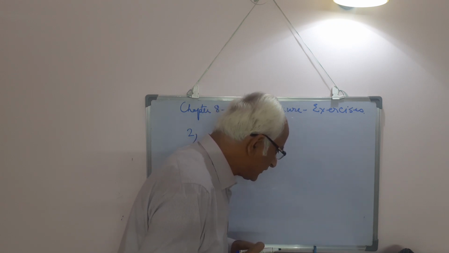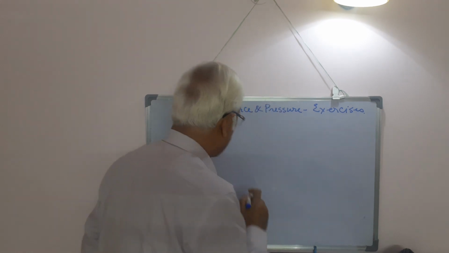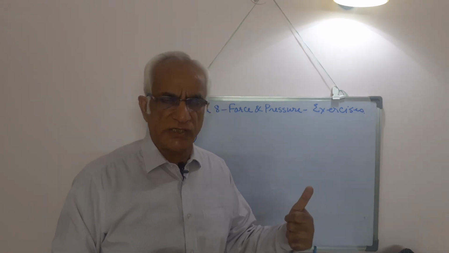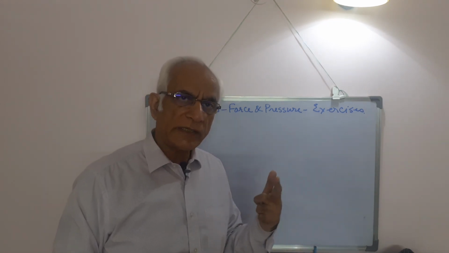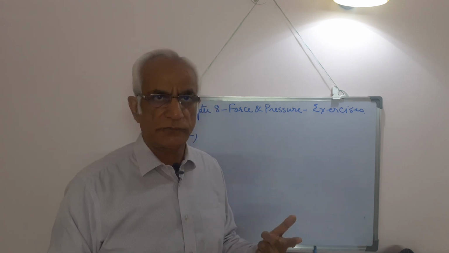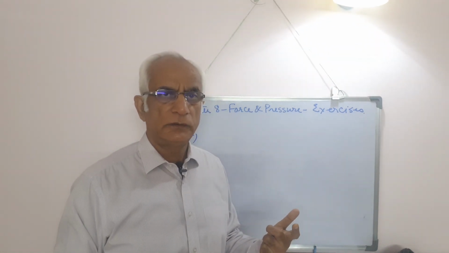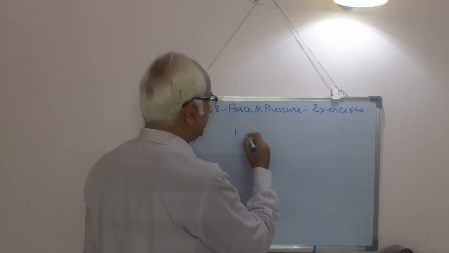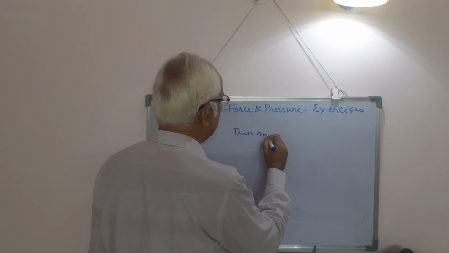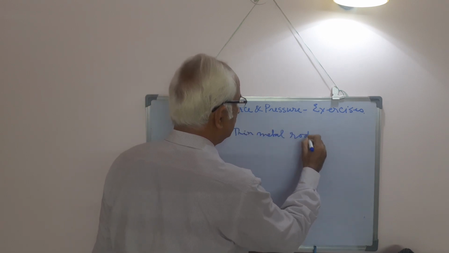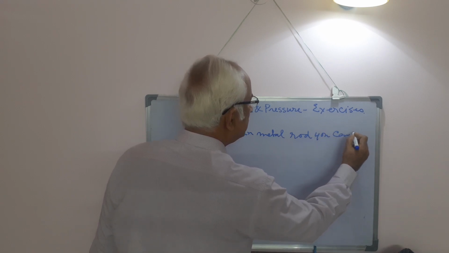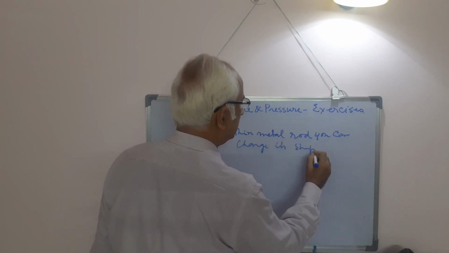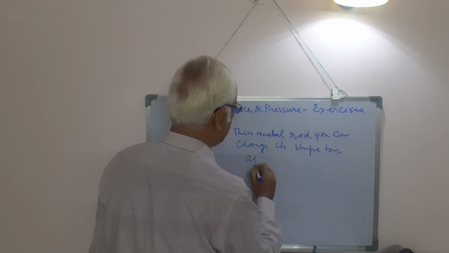Give two examples of situations in which applied force causes a change in the shape of an object. Now, whenever we apply force on an object, either the state of motion will change, that I have already explained to you, or its size and shape can change. For example, if you have a thin metal rod, you can change its shape by applying force.